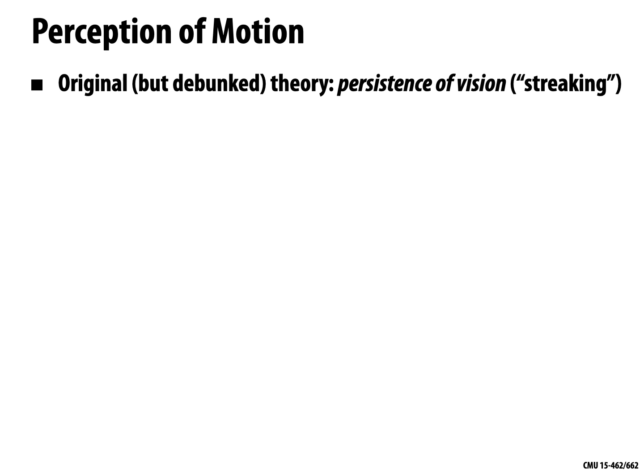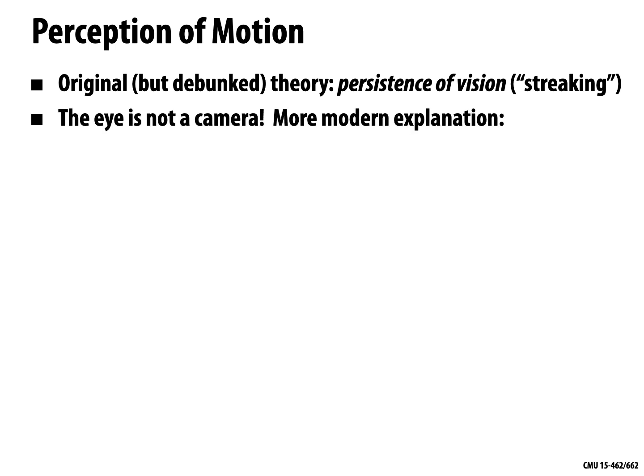So for instance, if you're out at nighttime and somebody's waving a flashlight around, you might see a streak in your vision of where the flashlight used to be. And so this was a theory that perhaps all perception of motion is that there's actually this streak left in your retina that tells you how things are moving.